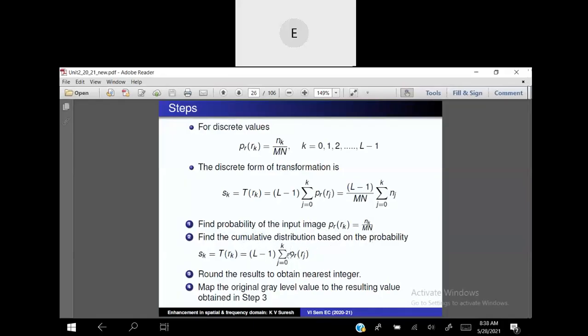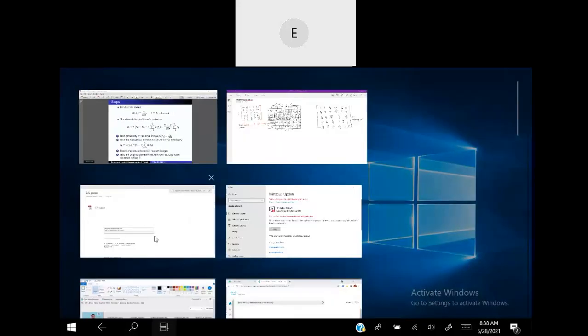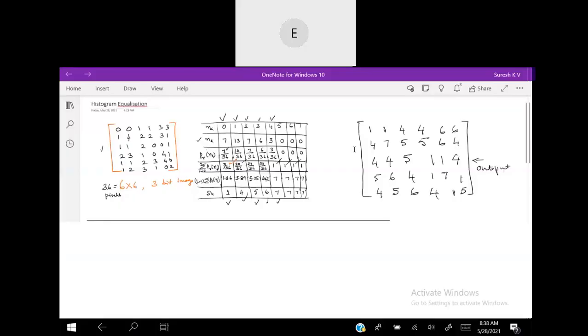I found the CDF, then multiplied and rounded the results. Now we are mapping. With this, we got the output image. This is the equalized image, and this is the original image.